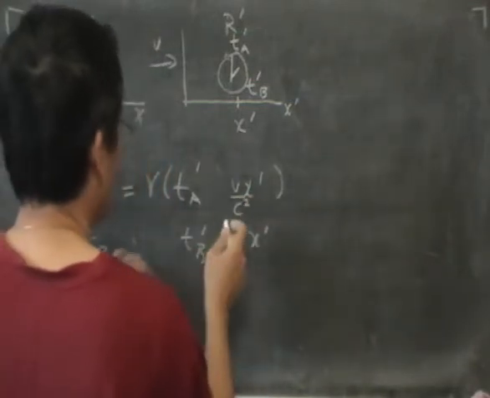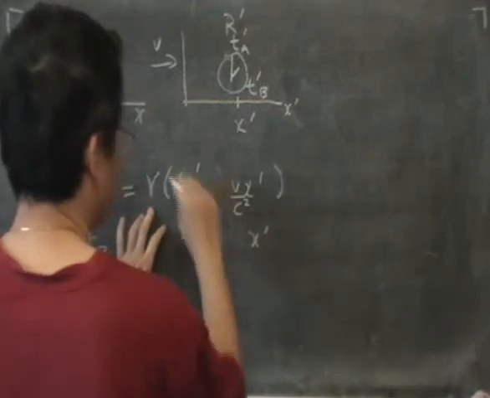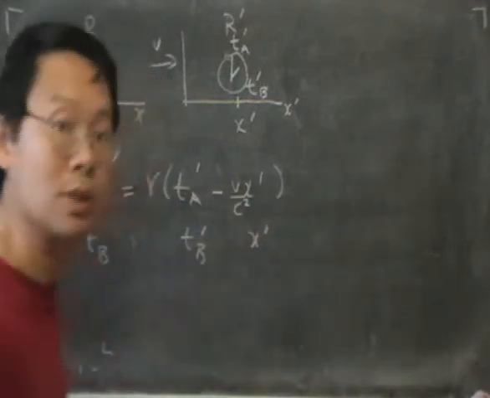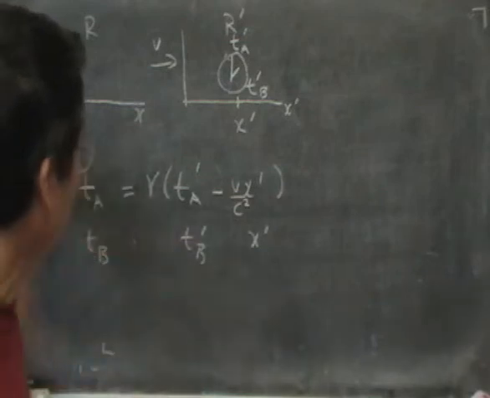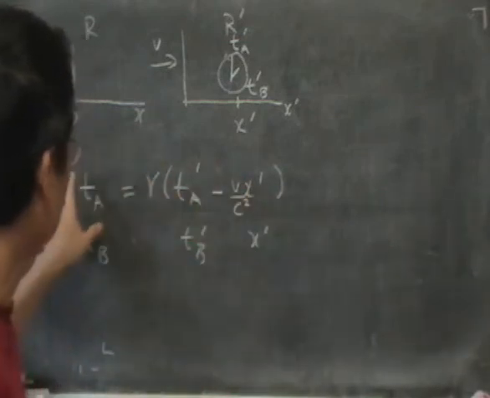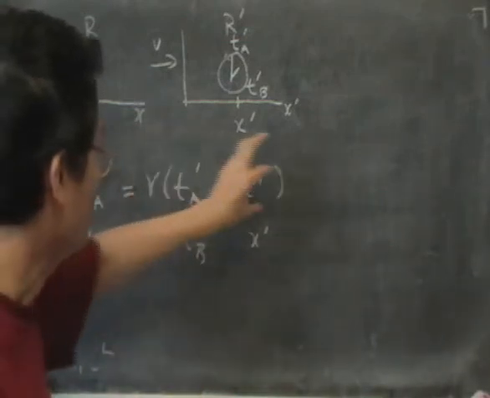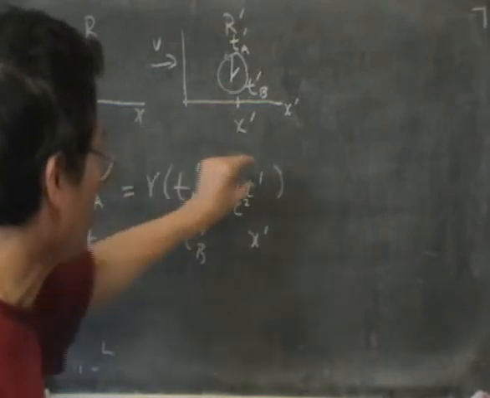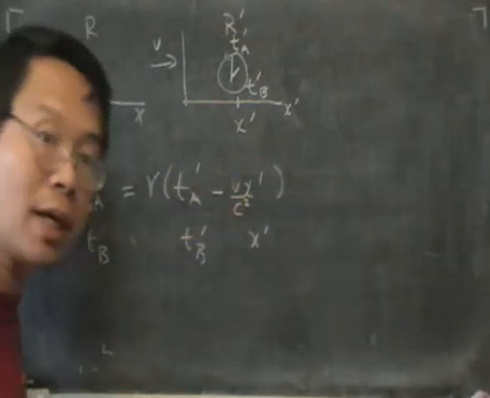Now the Lorentz transformation that I've written down just now had a minus sign there, but that related x to x prime, meaning that the coordinates here do not have the primes, the coordinate there has the prime.